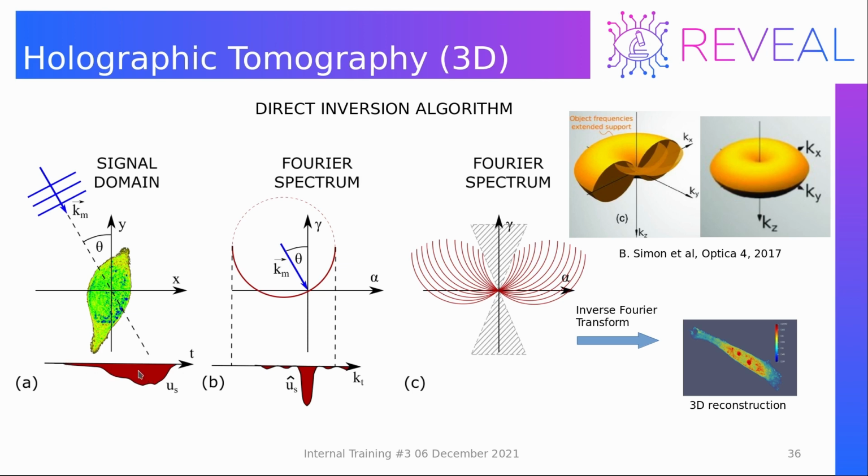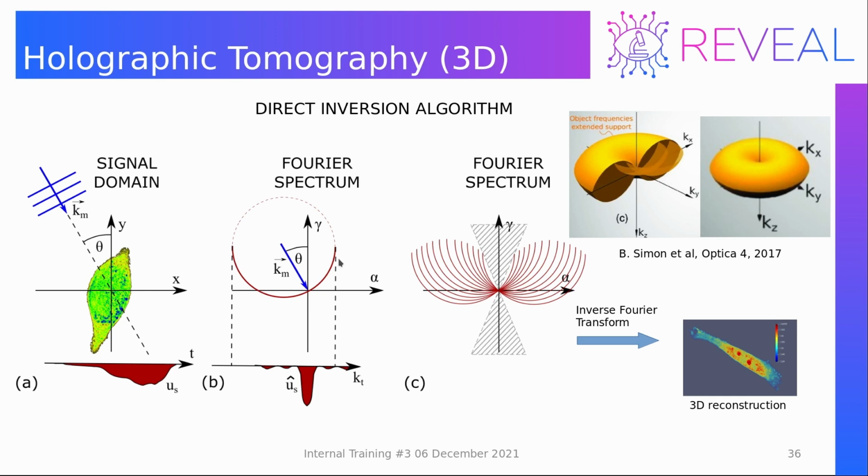Then we calculate the Fourier transform of this two-dimensional phase distribution, and we put this information in a very specific place in the empty spectrum. So this is the spectrum.